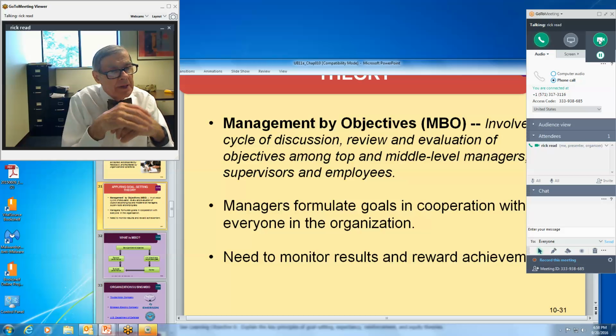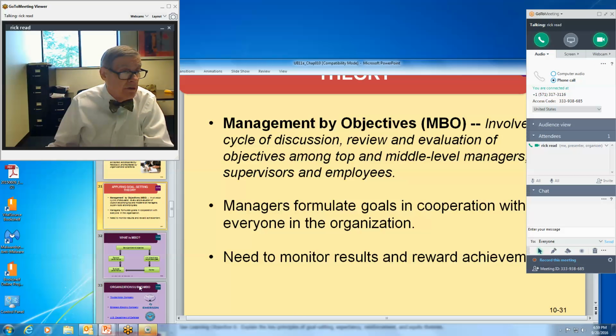One concern is that because this is between the worker and his or her supervisor, it may take on greater importance than the organization's goals and objectives. And of course, finally, monitoring results has to be done, and then if achievement is found, that has to be rewarded.